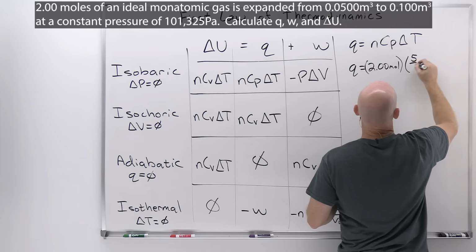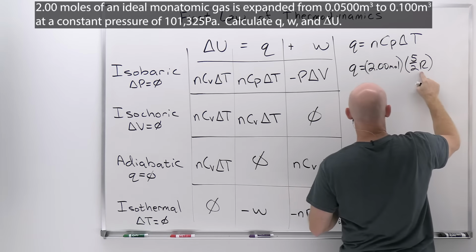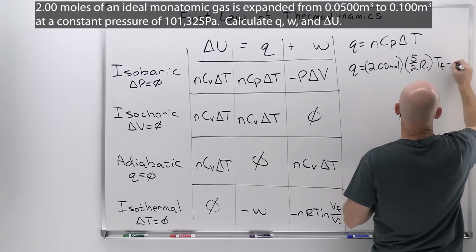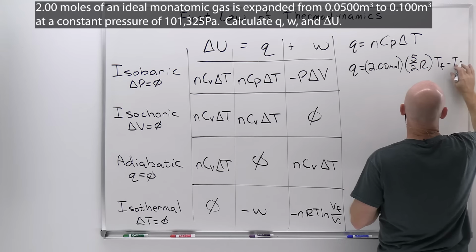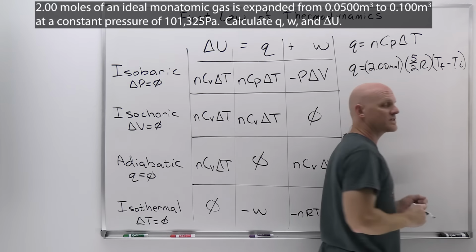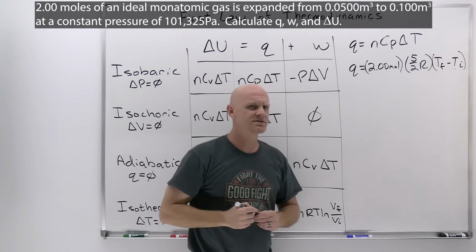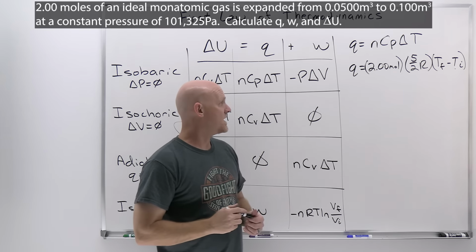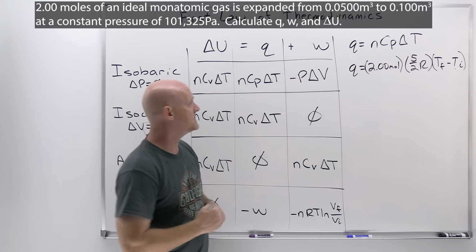So Cp was equal to 5/2 R, which is the 8.31 joules per mole Kelvin, and then times ΔT, T final minus T initial, and then we run into a problem because we don't have T final and T initial. We'll come back to that. So then we want to calculate the work as well, and in this case we got a simple formula for that, negative P times ΔV.